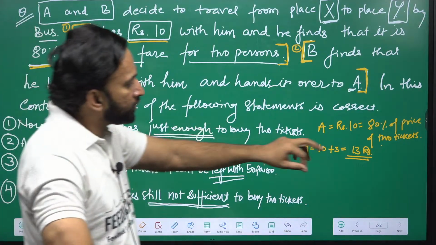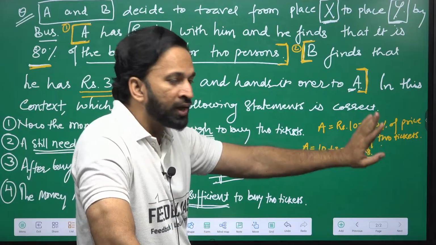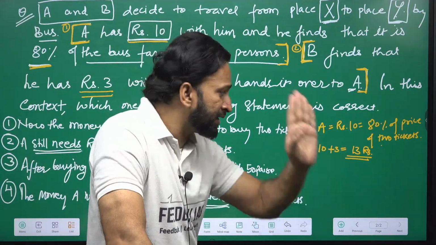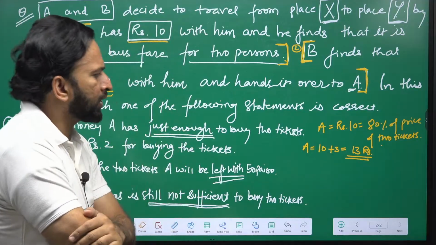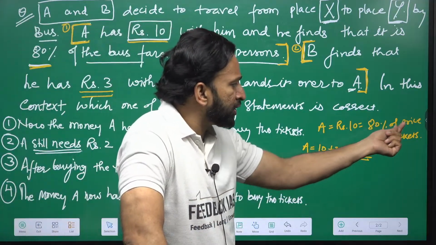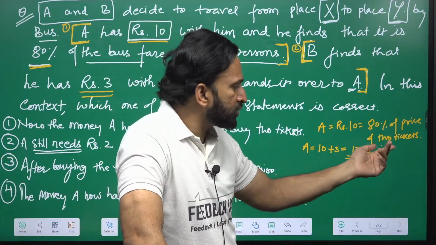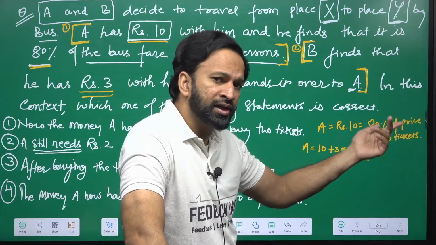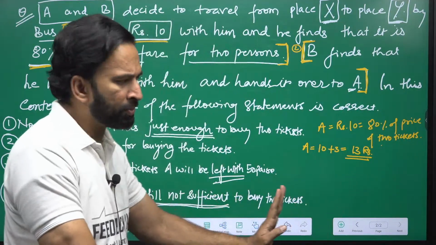So from the first equation, we know what shall be the price of the 2 tickets, because 80% of the price of 2 tickets is equal to 10. We assume the price of 2 tickets is equal to P. So here we can calculate P very easily, not a big task.